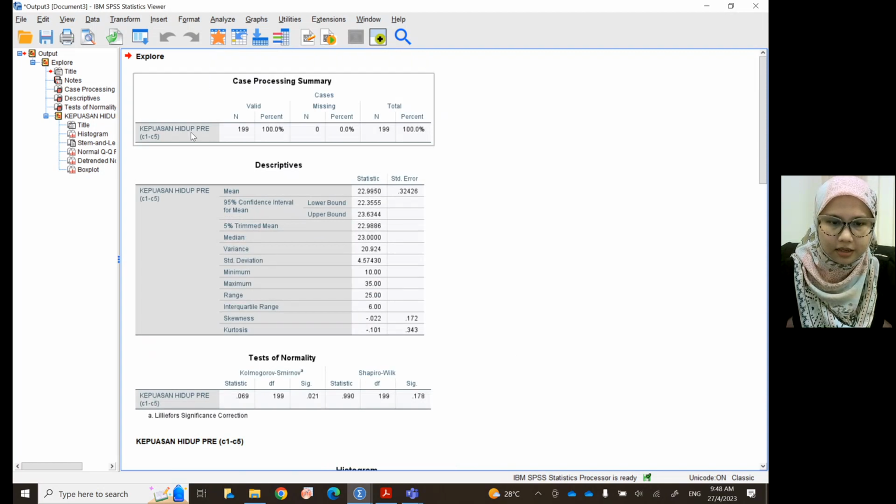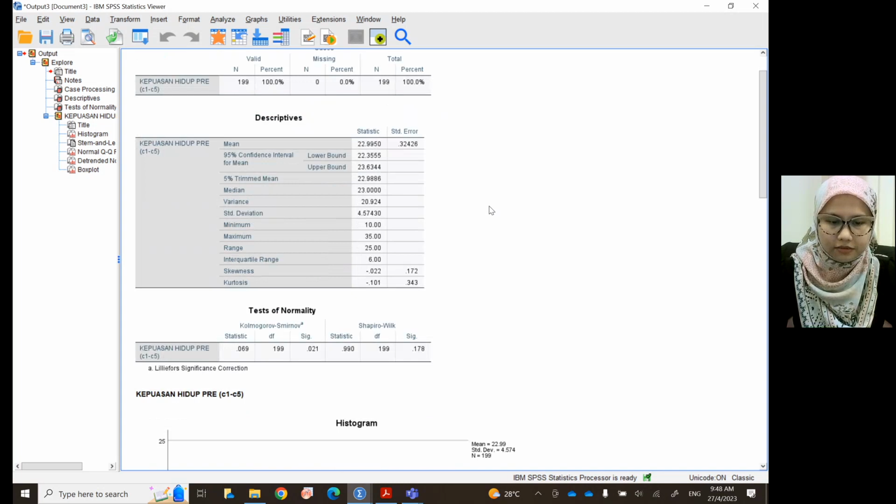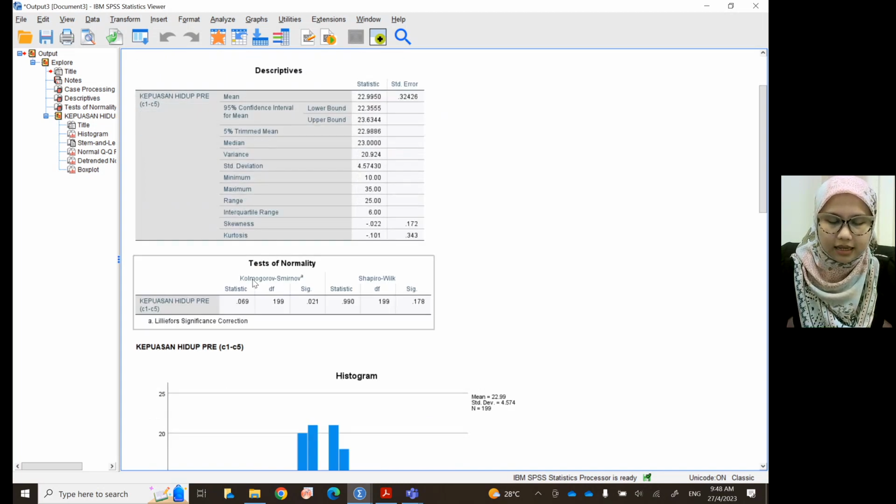In this case, you have 199, which is more than 50, so you need to look under Kolmogorov. If your respondents are less than 50, then you need to look at the significance value under Shapiro. Now, we are under Kolmogorov.